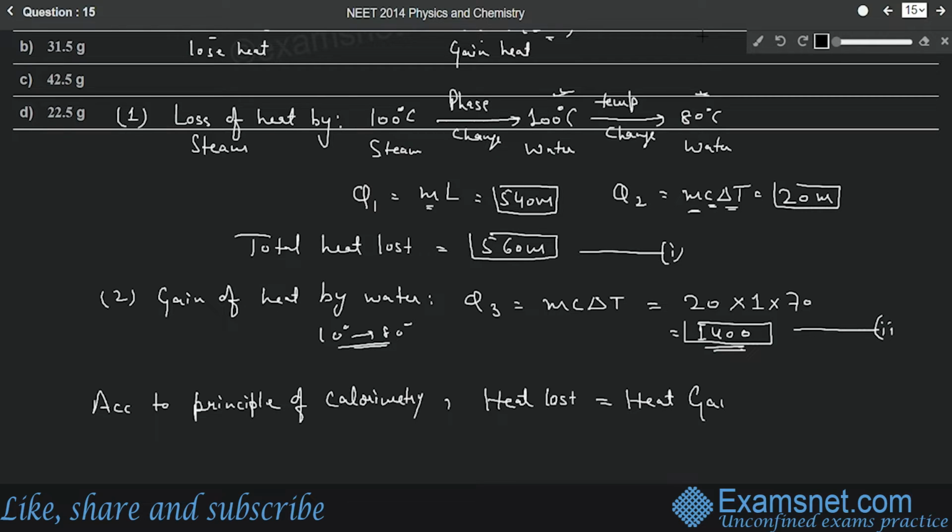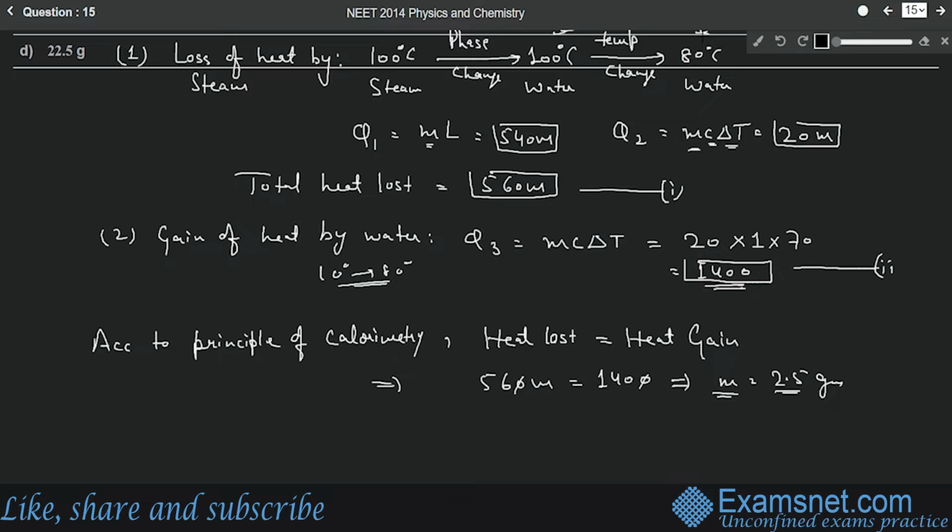Okay, so we have seen that the heat lost by the steam is 560 M and the heat gained by water is 1400. Okay, so from here we can say that the value of M is 2.5. Okay, 2.5 gram. So what is this M? This is the mass of the steam that has got converted into water.